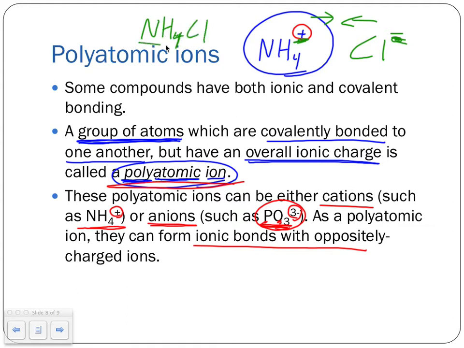So you have a polyatomic ion right here, that's our positive one. The chlorine is the negative one. We have this, so this would be the formula unit of this particular ionic compound, even though there is covalent bonding within that polyatomic ion right there.